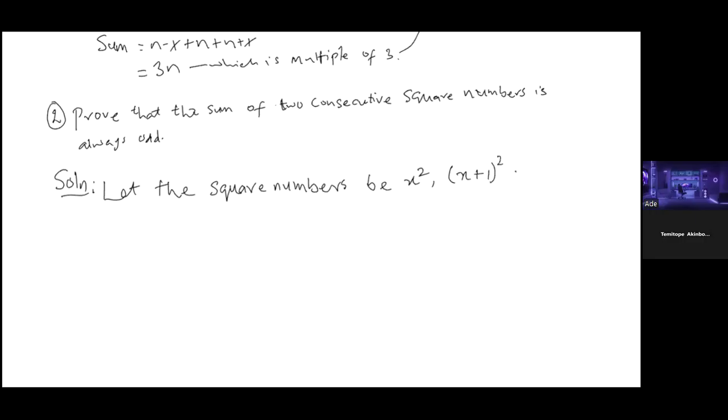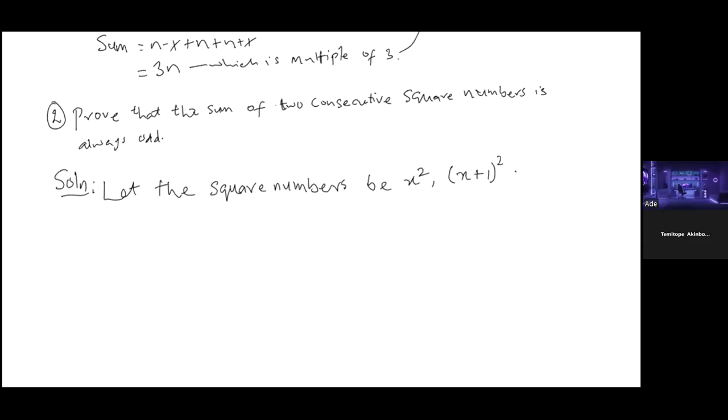Since the question says two consecutive, in other words, it's like I'm saying let the numbers be s, s plus 1. But because the question specifically says they are square numbers, so s squared, (s plus 1) squared.